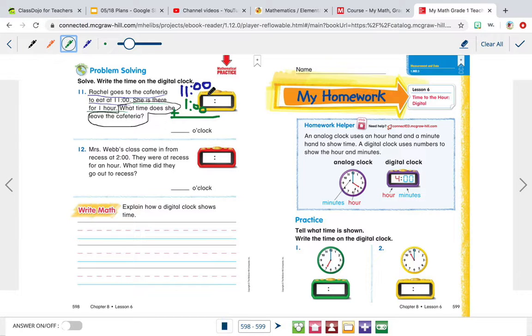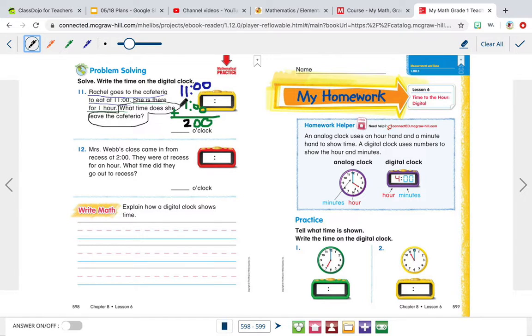So first we're going to add the minutes, 0, 0. So 0 plus 0 is 0. 0 plus 0 is 0. Now we're going to add the hours. So 11 plus 1. Well, we know that 1 plus 1 equals 2.